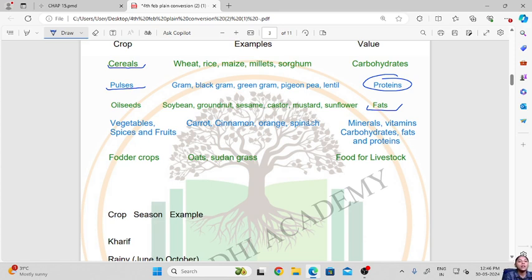Now all these are the crops which we can consume, but there are also fodder crops. These fodder crops are grown as food for livestock. That is, in animal husbandry, these crops are grown as food for the livestock. What are these? Oats, Sudan grass. These are some examples of these fodder crops.